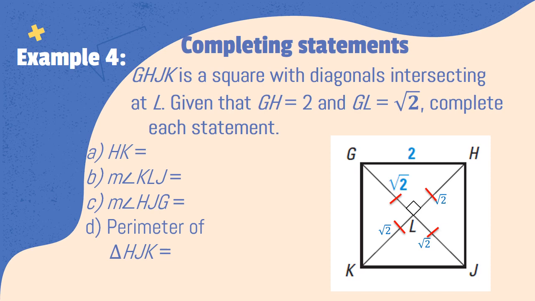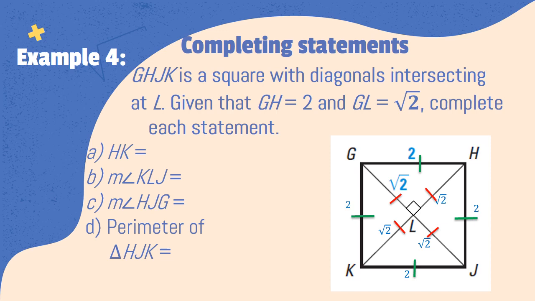Also, I know that this quadrilateral GHJK is a square, it's given, so the sides that make this square are going to be congruent. So HJ is congruent with GH, also JK is congruent with GH, and also KG is congruent with HG, meaning that all these segments that we just mentioned measure 2 units.